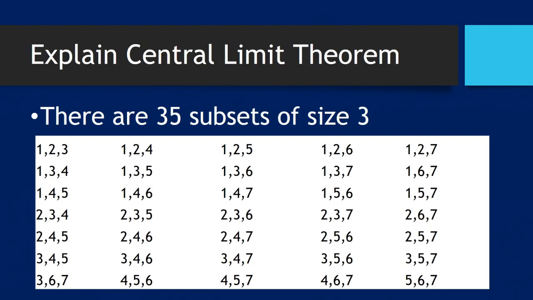I could have found the numbers 1, 2, and 3. I could have gotten the numbers 1, 2, and 4, or 1, 2, and 5. These are all ways to choose 3 numbers out of that set of 1 through 7. And if you count these all up, there are 35 different ways to choose 3 numbers.